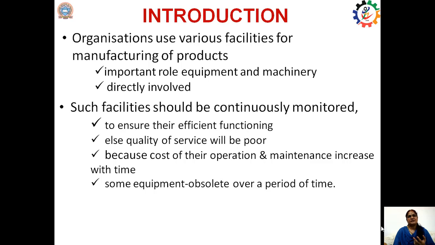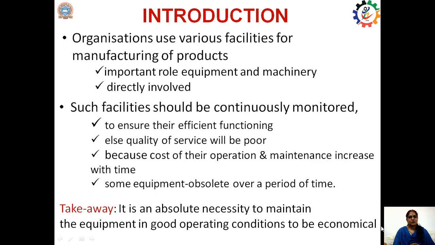Some equipment which produces products that have a shorter life cycle will become obsolete over a period of time if not given attention for a long time. So the important takeaway is that it is absolutely necessary for an organization to maintain the equipment in good operating condition to be economical, or to be optimal as well.